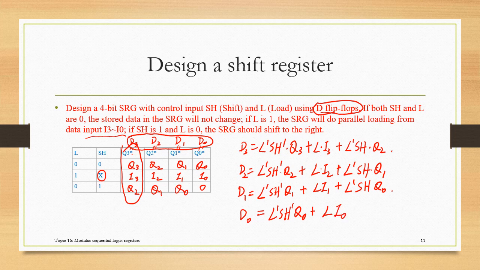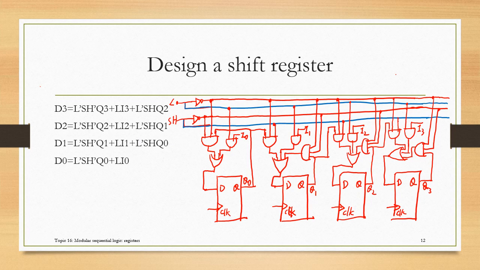So it only has 2 terms for D0. So once we have this, we can do the logic diagram. Finally, since we have the Boolean expression for D3 to D0, we just draw the logic diagram out.